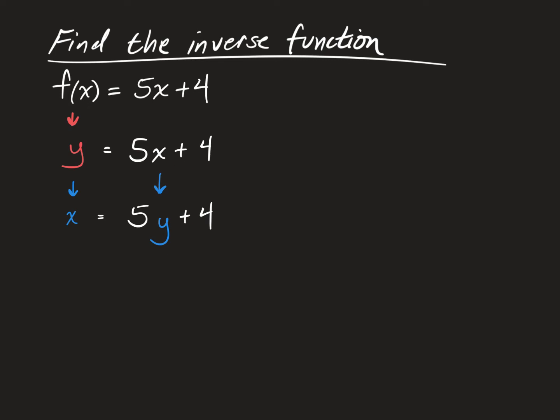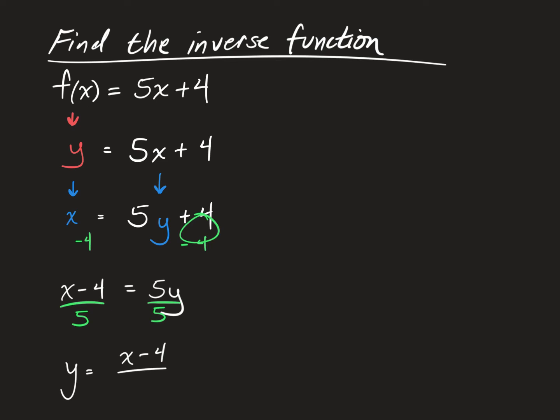So from there, all we have to do is solve for y, which involves subtracting 4 from both sides to give us x minus 4 equals 5y. And then lastly, we can divide both sides by 5. And you can do that either by dividing the entire side or each term individually. Either way, you'll end up with y equals x minus 4 all over 5.